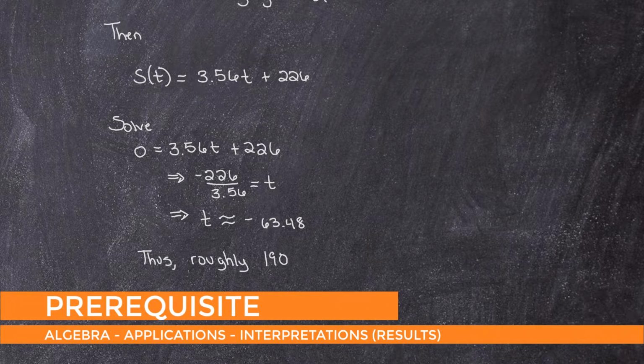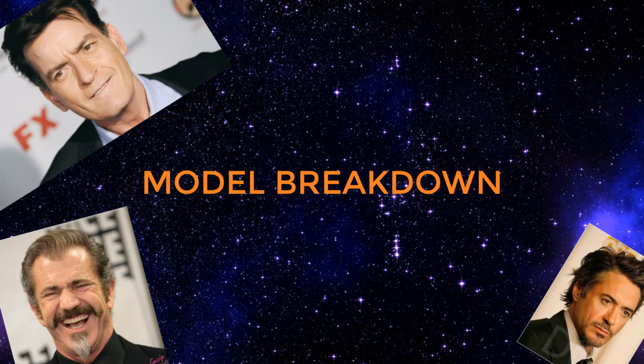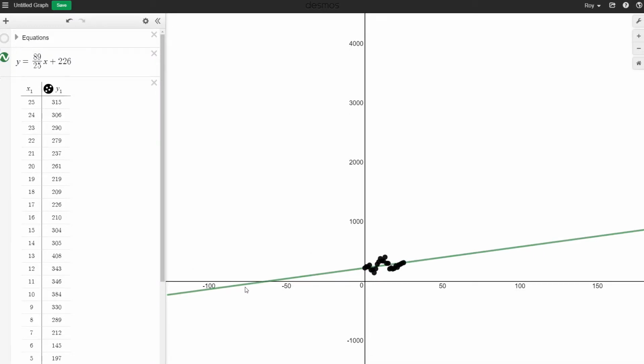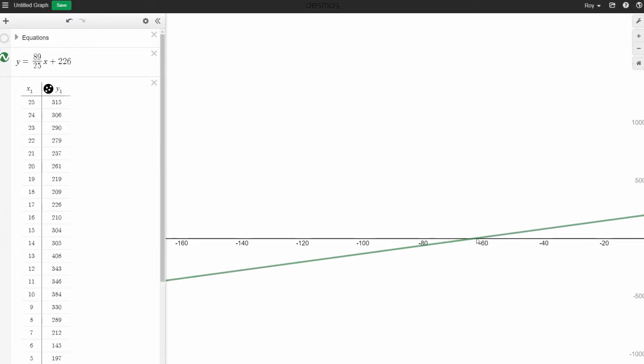Basically, in 1901, our model predicts there were no UFO sightings. This gives us yet another chance to view model breakdown. Our function shows that prior to the year 1901, there were negative UFO sightings. This is impossible. As I often say, a model is only good for a short time.